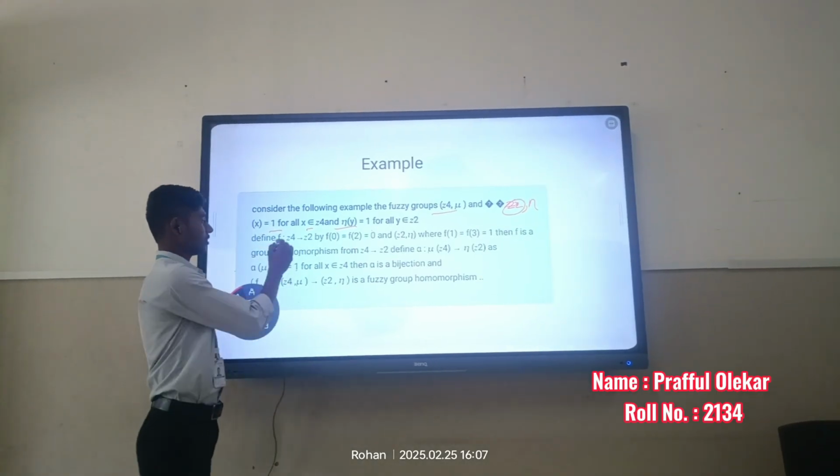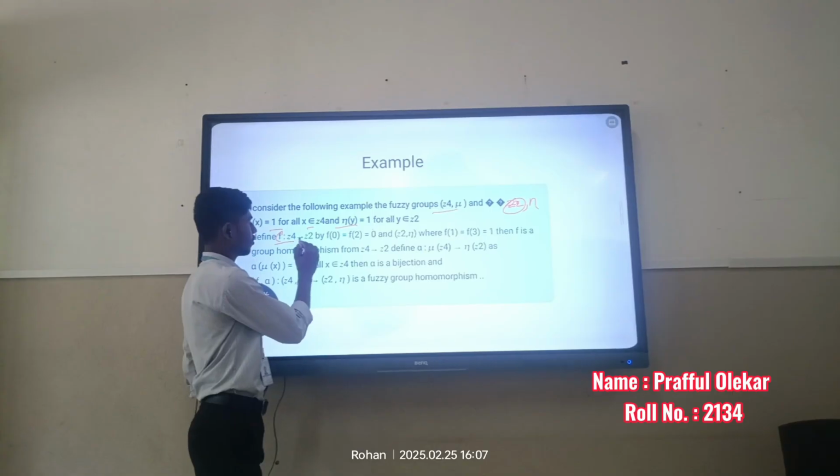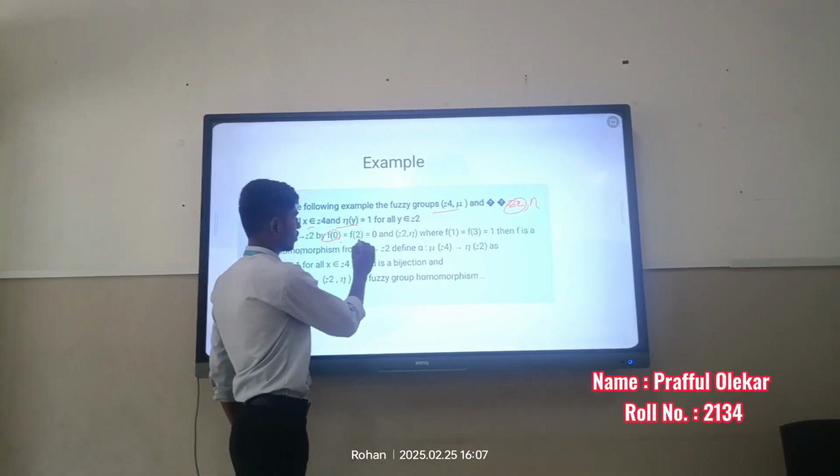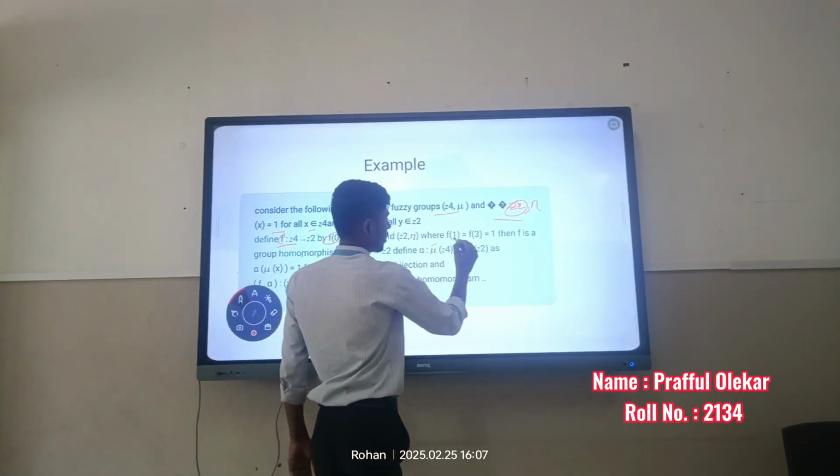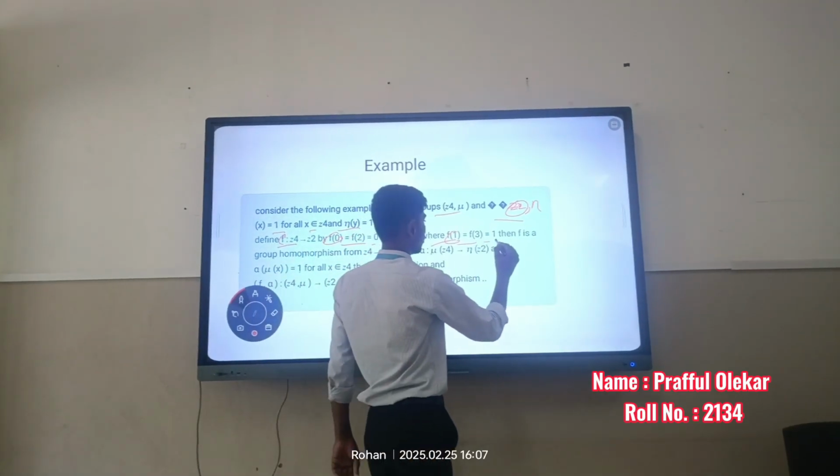Define f from Z4 to Z2 by f of 0 is equal to f of 2 is equal to 0, and f of 1 is equal to f of 3 is equal to 1.